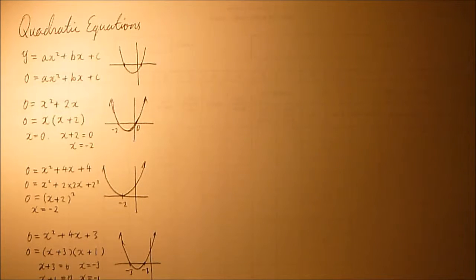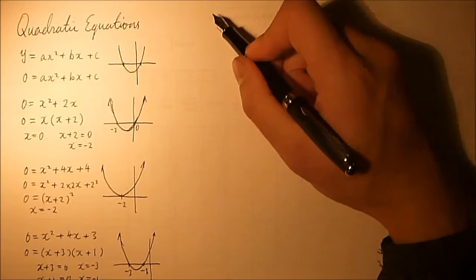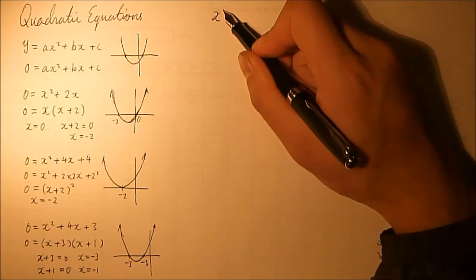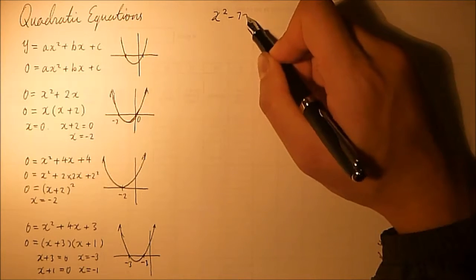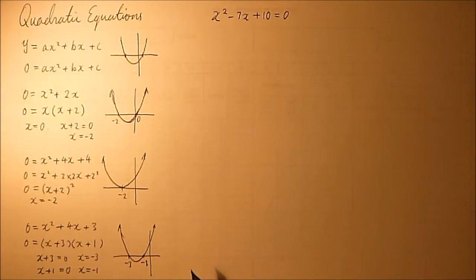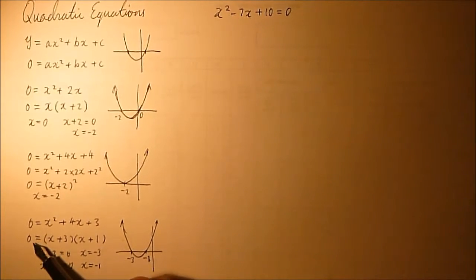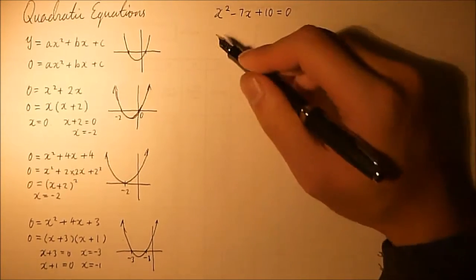Let's try another example. Say x squared minus 7x plus 10 equals 0. Notice that where the 0 is makes no difference to the equation in the end.